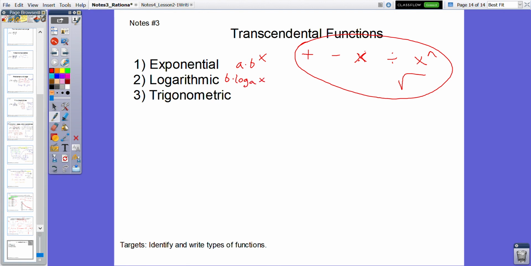And then trigonometric is your sine, cosine, tangent, their inverses, as well as your cosecant, your secant, and your cotangent. So anything that follows that periodic, repetitive, and predictable pattern on the graph, those are all considered trigonometric and can't be expressed using any of our basic algebraic functions.